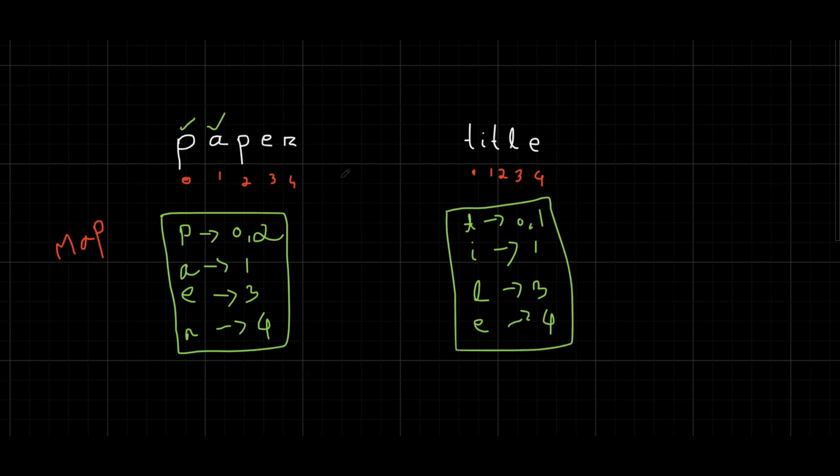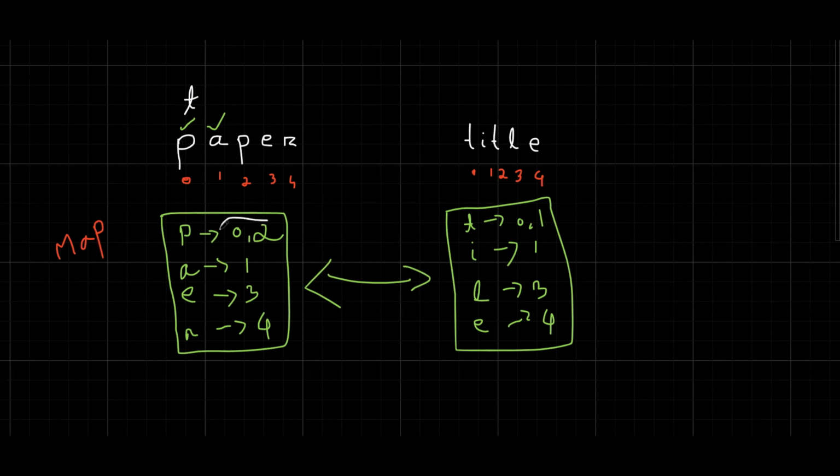Now, we will check whether the values of the corresponding elements of the two maps are equal or not. Suppose in the first map, if we replace the character P with T, then we have to check whether the order of P and T are equal or not.